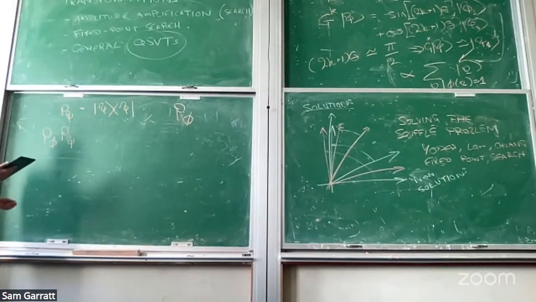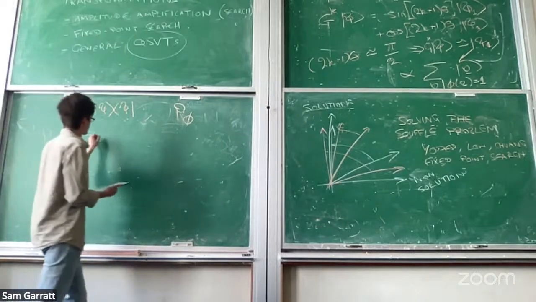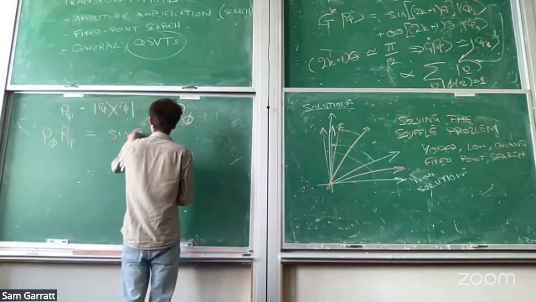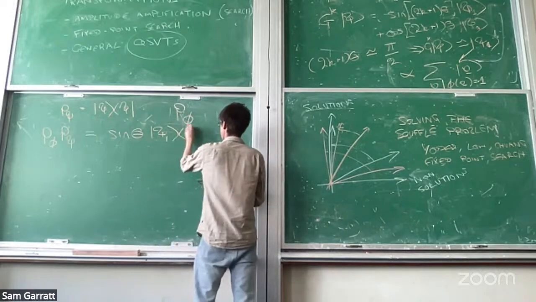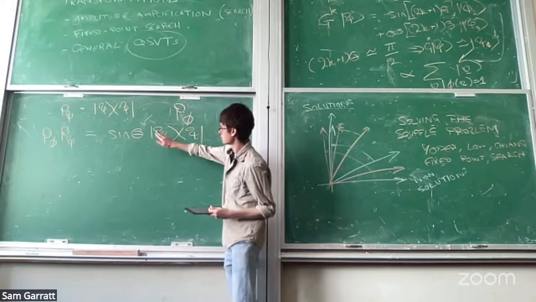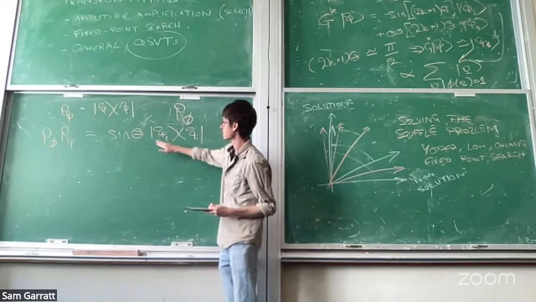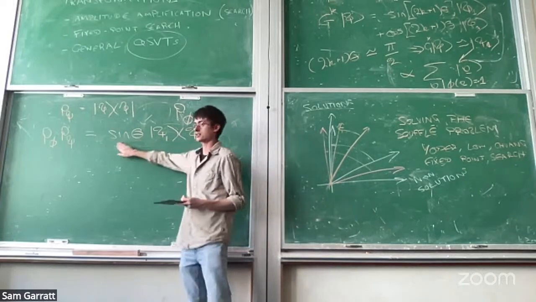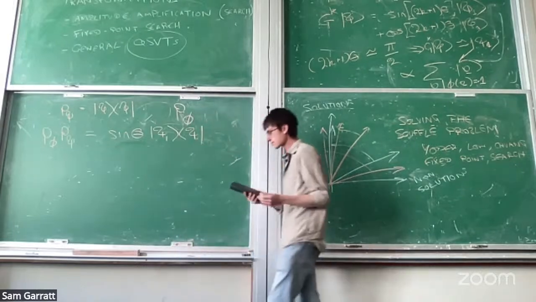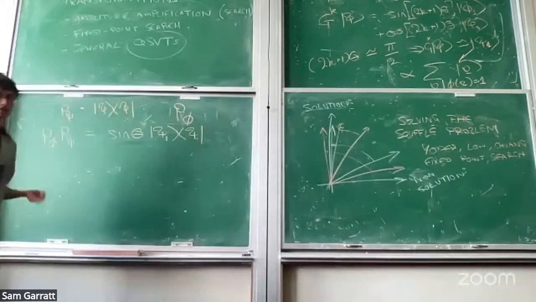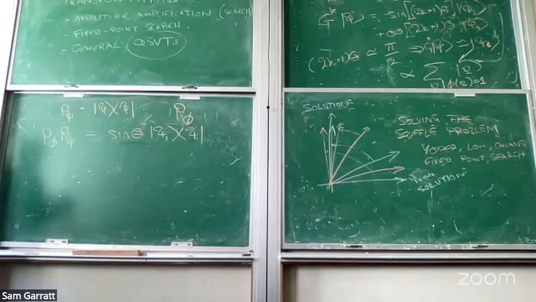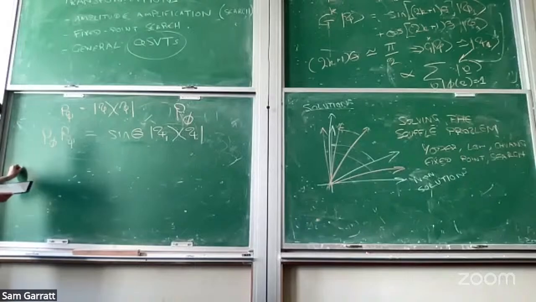So from what we've seen so far, we can immediately write down this thing: the superposition over all solutions, normalized, the initial state, and sine theta, which is our initial angle. And so what we did in Grover search is we constructed some unitary that had the following property.